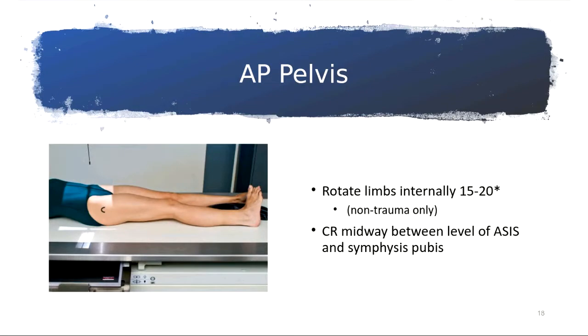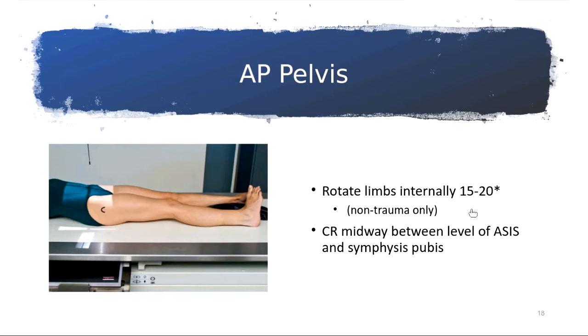So when we look at the AP pelvis on page 279, now again, this is done if it's a non-trauma patient, meaning if that patient presents with one leg flopped out to the side or screaming and writhing in agony, we are not going to internally rotate the limbs 15 to 20 degrees.